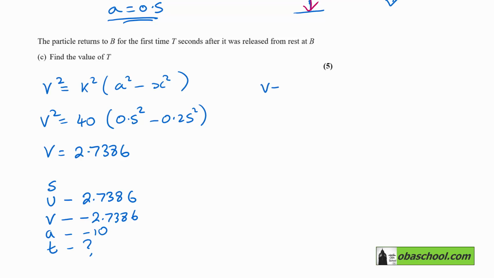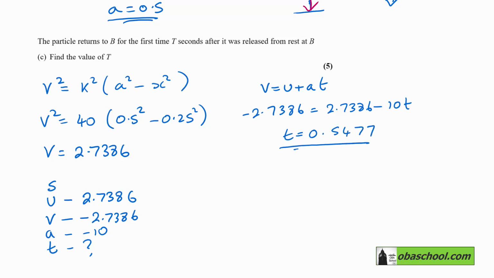So we can use v equals u plus at, and we'll have negative 2.7386 is equal to 2.7386 take away 10t, and that will give us that t is 0.5477.